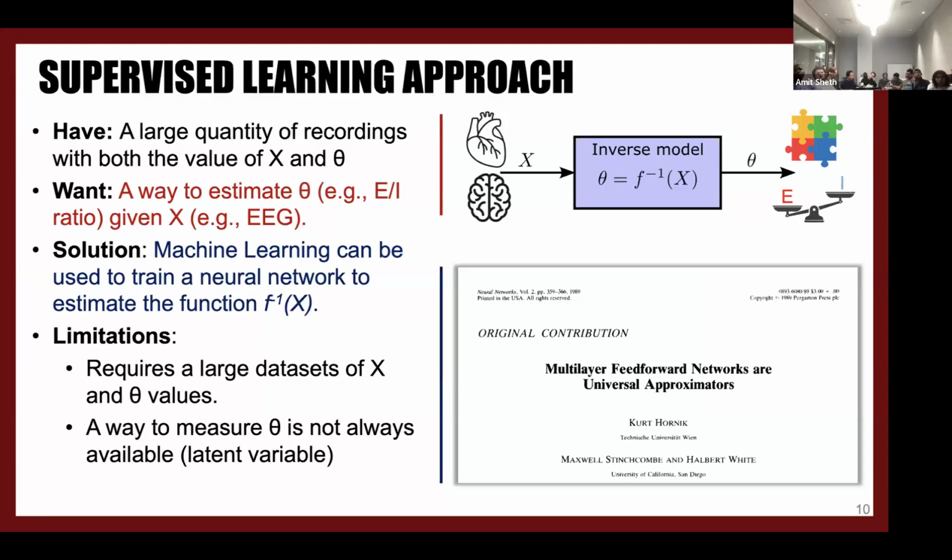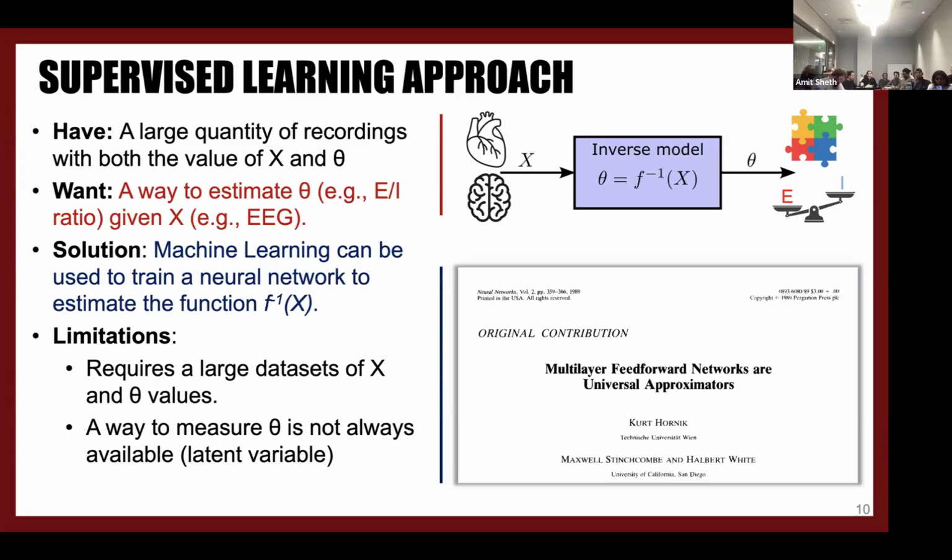Okay, so you could try to address that with a supervised learning approach. In that case, what you have is a large quantity of recordings with both the value of x and theta. So it's supervised learning, right? You need to know the output associated with a bunch of your inputs so that you can train a system to learn that relationship.